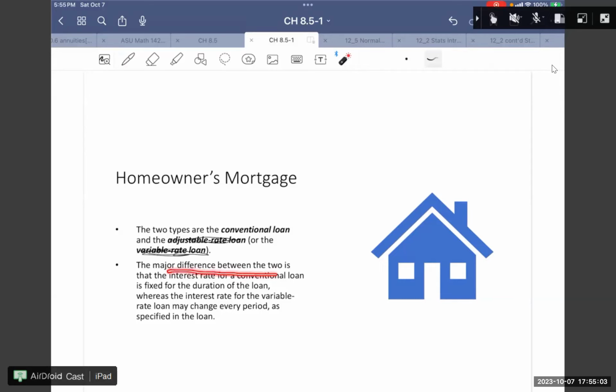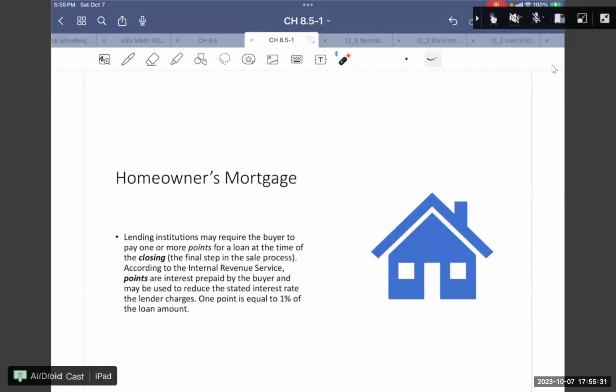The major difference between the two is that the interest rate for the conventional loan is fixed for the life of the loan, whereas the interest rate for the variable-rate loan may change periodically.